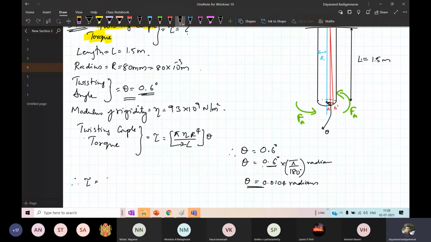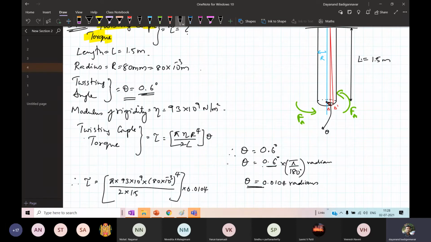Therefore, tau is equal to pi, a constant as it is, into eta, which is 93 into 10 to the power of 9, into r raised to 4, where r is 80 mm, so 80 into 10 to the power of minus 3 whole raised to 4, divided by 2l, where l is 1.5 meters, into theta, which is 0.0104 radians.